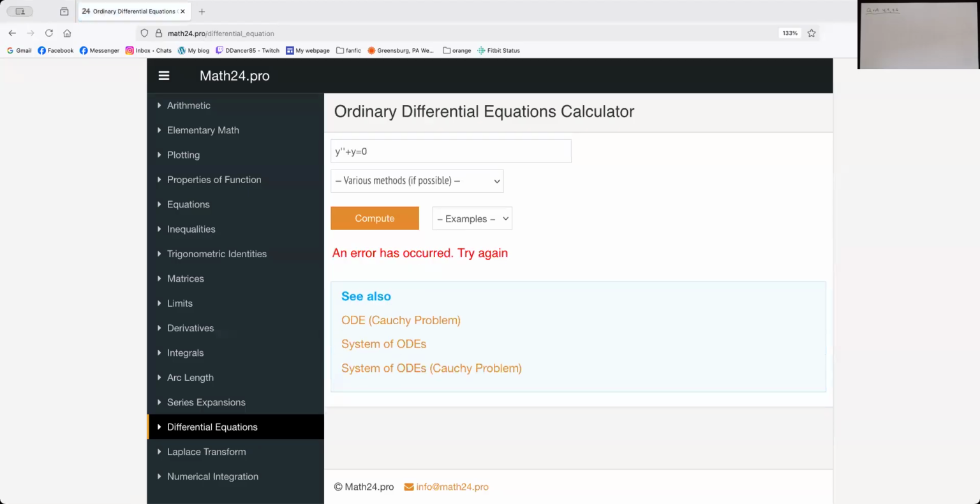I should get cosine and sine. It was working the last time I did this. I don't know what's going on with the website now. So jump to Wolfram Alpha.